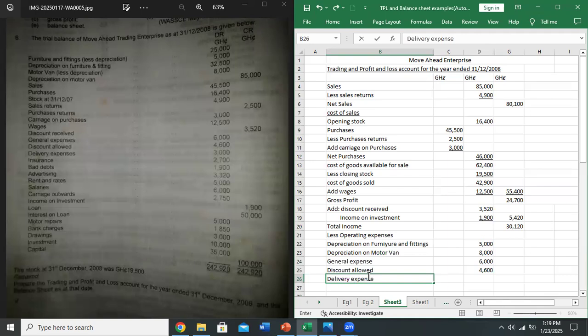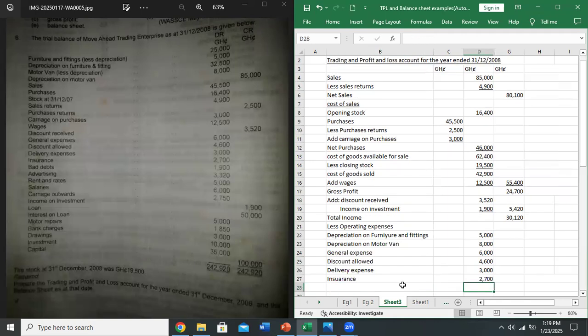expense, which is 3,000. We have insurance, which is also 2,700. We have our bad debt as given by Prof. Alexia. Bad debt, which is 1,900.